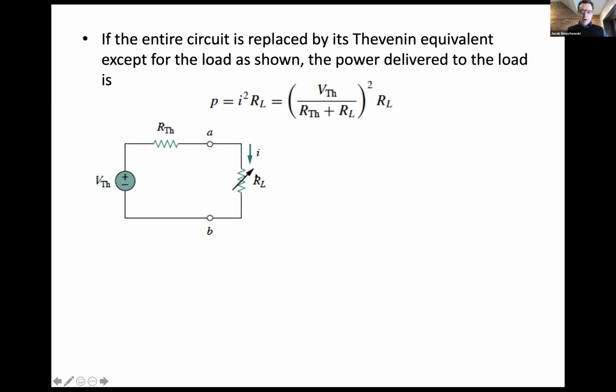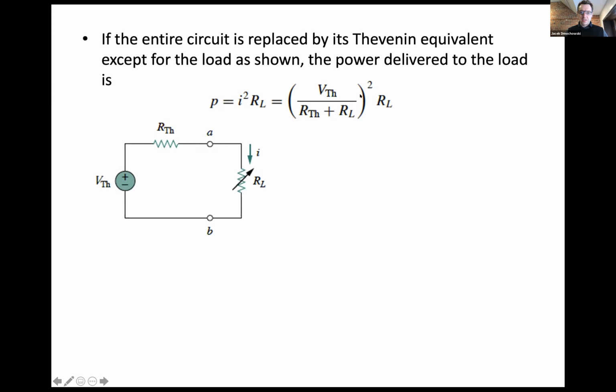So let's write an equation for the power that your device receives, right? You know that one equation for power is current squared times resistance. So let's figure out the current I in this picture. We can easily get it from Ohm's law, basically. The current I is equal to VTH divided by total resistance, which is RTH plus RL.